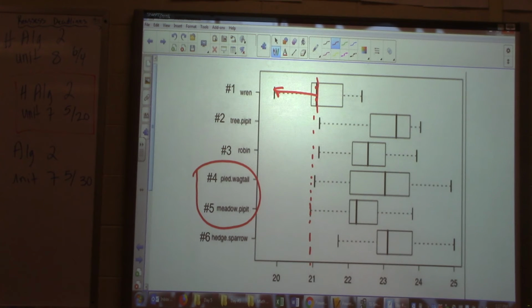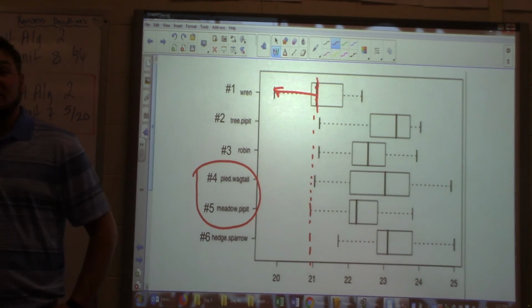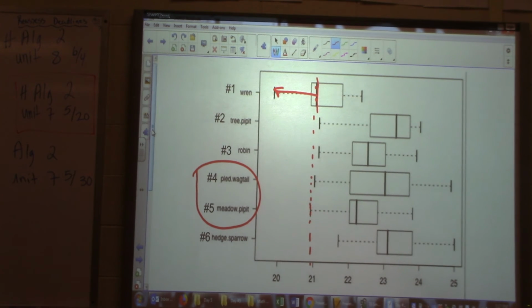Paige, what do you think? Why do you think that? It's longer. Do you have any other data to use to maybe justify the answer? The maximum number's higher. All right, that works for me.